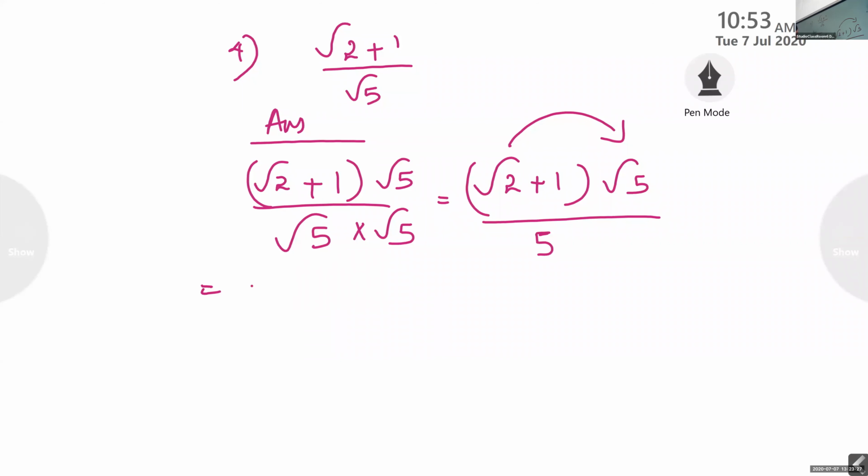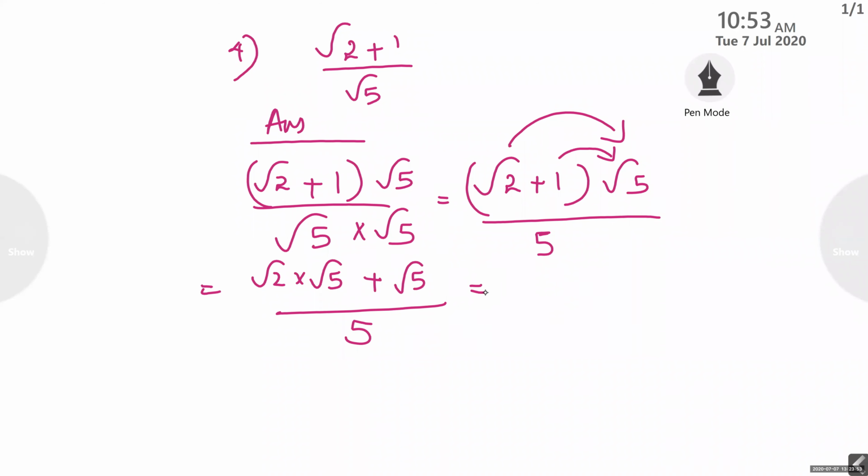So root 2 into root 5 plus 1 into root 5. 1 into root 5 is root 5. So root 10 plus root 5 by 5.